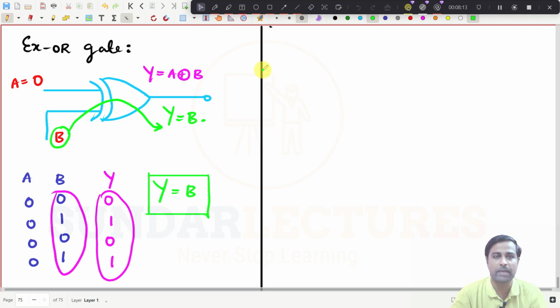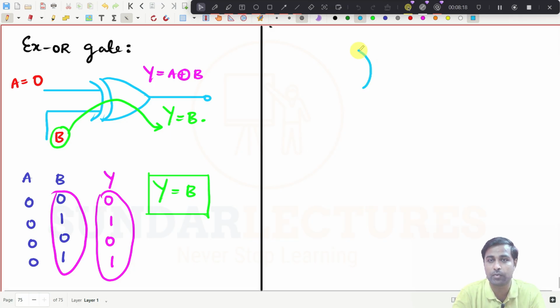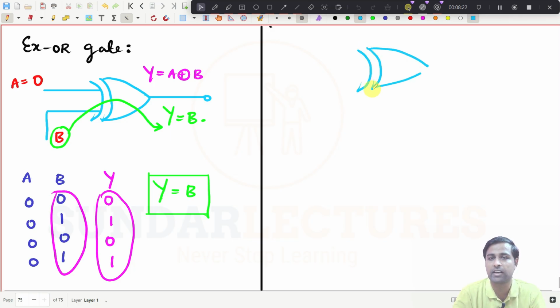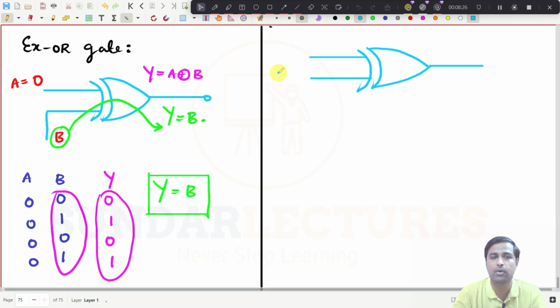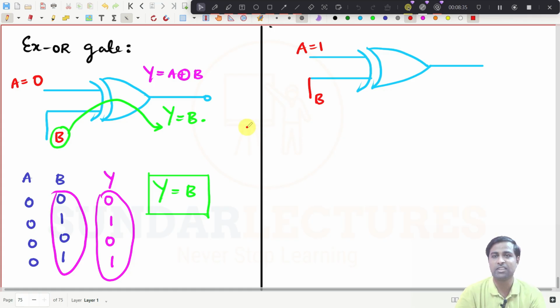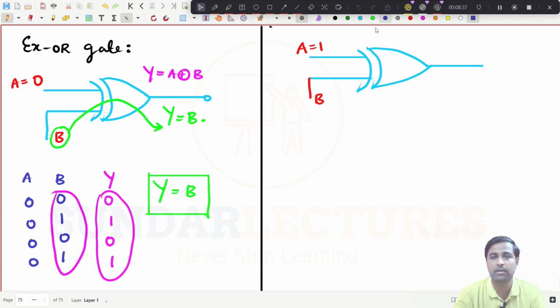Now I will do another thing, so be with me. The same thing with a different kind of understanding. Now I am going to give A equal to 1, default 1. This is B. And you write the truth table as usual.